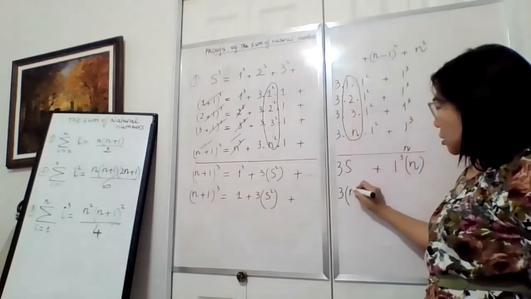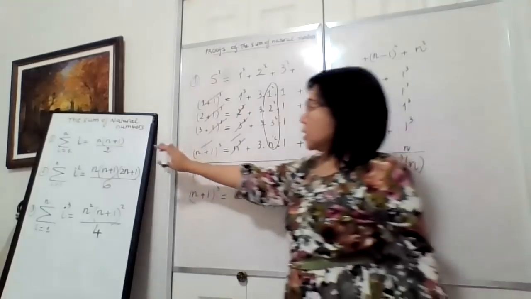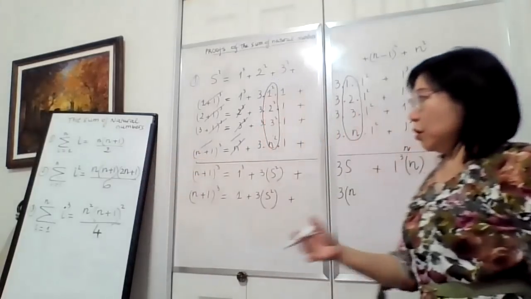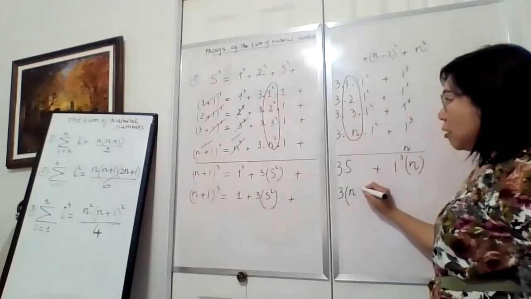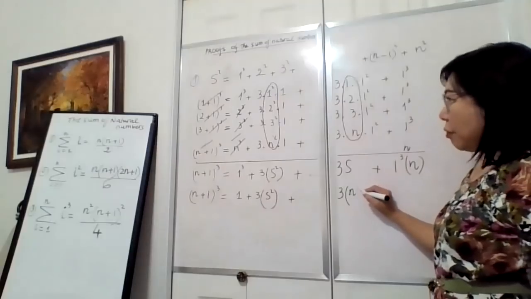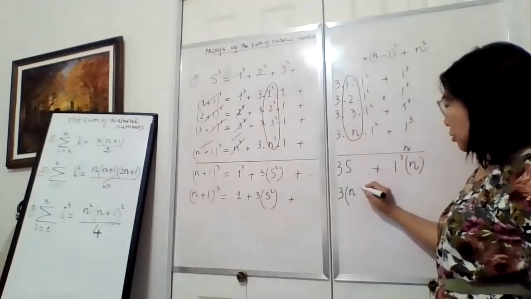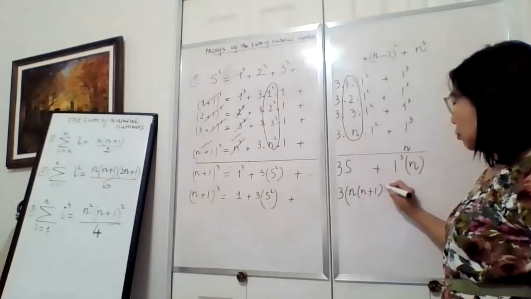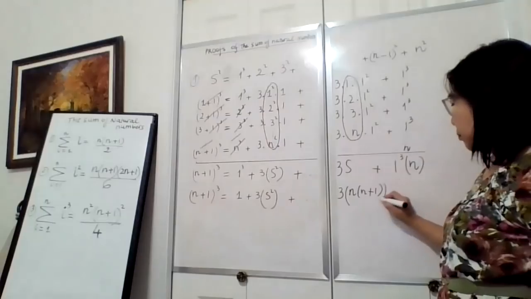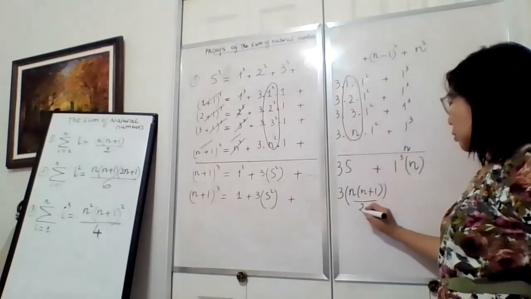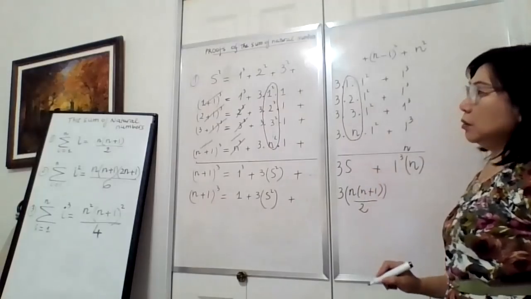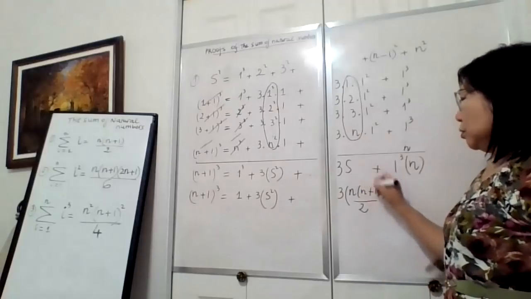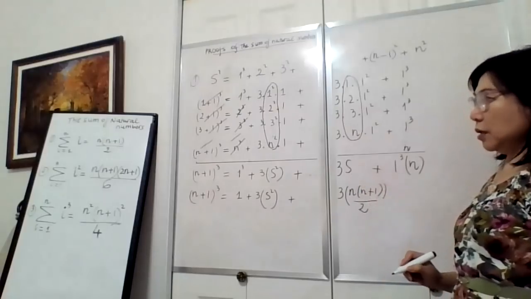So I'm going to write in terms of n. In the right-hand side, I'm using this because we already proved it, right? From the Gauss method. So we learned that from the Gauss method, and we know how to do it. So I substitute the sum of the first natural numbers into here, okay?